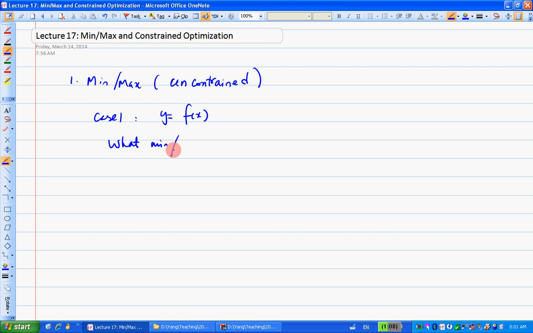And what is the minimum or maximum of y over x belonging to a certain range?